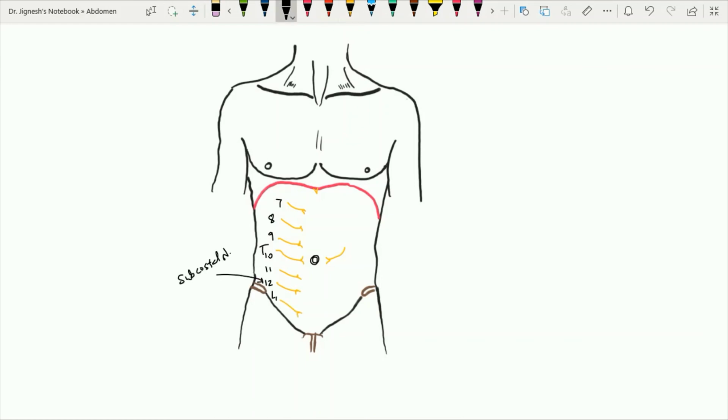So the anterior abdominal wall is supplied by T7 to L1 spinal nerves, and these are consecutive dermatomes which overlap with each other.